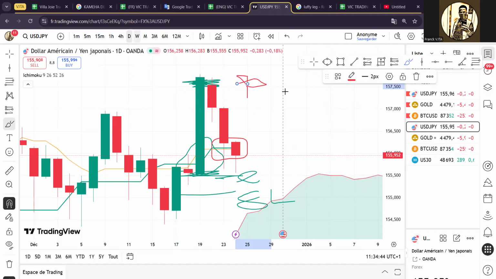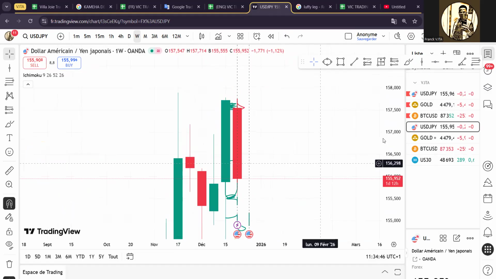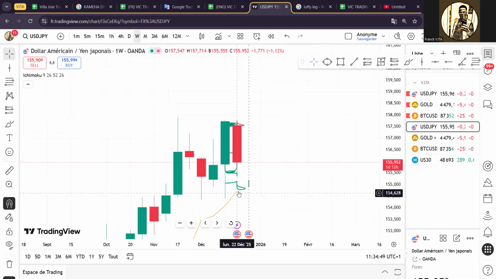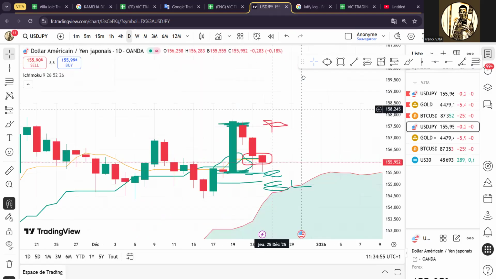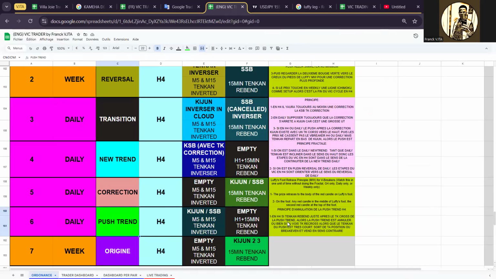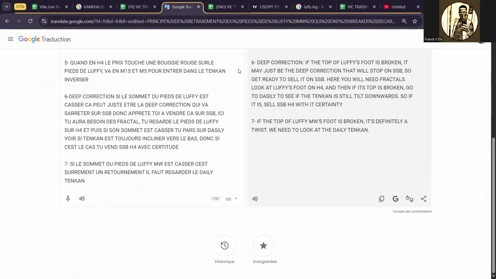The push number two is not forced to be applied, because you see on weekly we are on the resistance, and Tenkan hit the resistance. So you need to pay attention. What I'm explaining in this document here is: don't be too hopeful about the push trend.